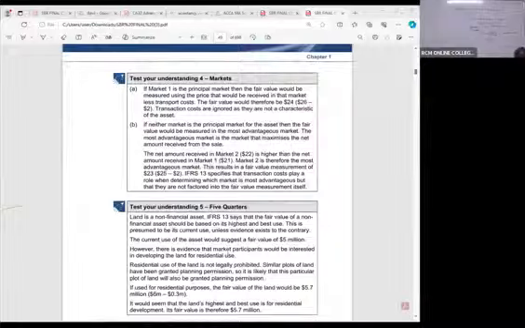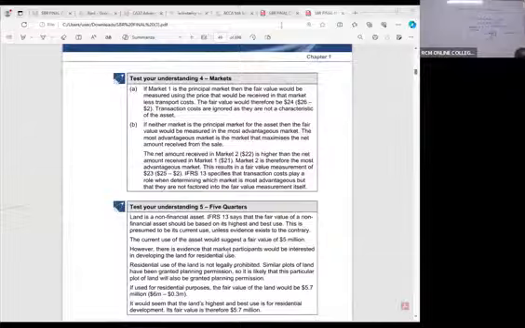Residential use of the land is not legally prohibited. Similar plots of land have been granted planning permission, so it is likely that this particular plot of land will also be granted planning permission. If used for residential purposes, the fair value of land would be 5.7, which is 6 minus 0.3. So it would seem that the land's highest and best use is residential development, and its fair value is therefore 5.7.